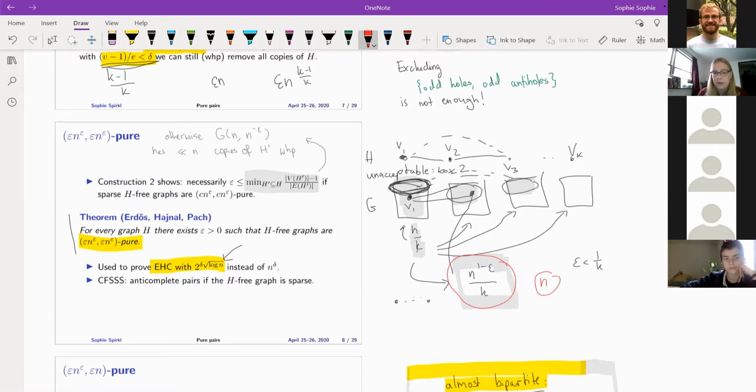So I can just greedily pick vertices in this box on top. Let me pick out n to the epsilon, let's say n to the epsilon over k to be safe. Then if I look at all of their neighbors together in this next box, that's still not a very large fraction of the box. So I'll take my set here that I just picked greedily, and I'll take what's left over here where none of them has neighbors, and I get a big pure pair.